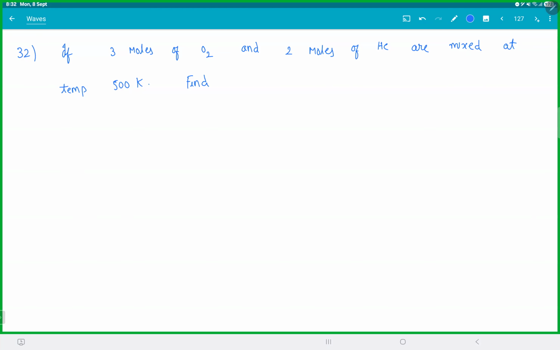Find the speed of sound and find VRMS. Hope you remember what RMS is, root mean square velocity, which we did in KTG.